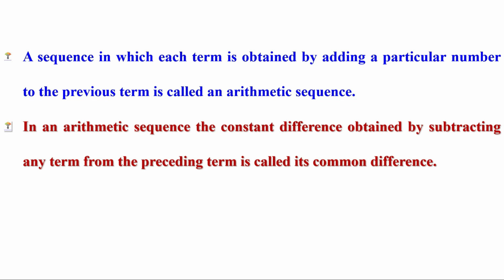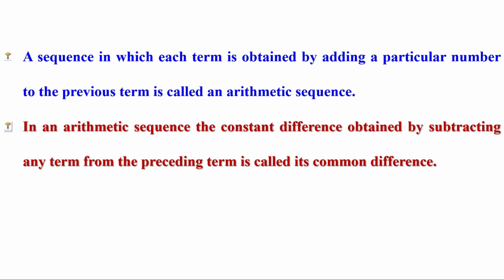In an arithmetic sequence, the constant difference obtained by subtracting any term from the succeeding term is called its common difference. And the common difference is denoted by the letter d. So we can say d equal to x2 minus x1 or d equal to x3 minus x2 or d equal to x6 minus x5 or d equal to x98 minus x97, etc.